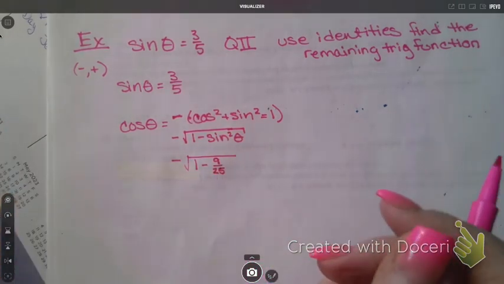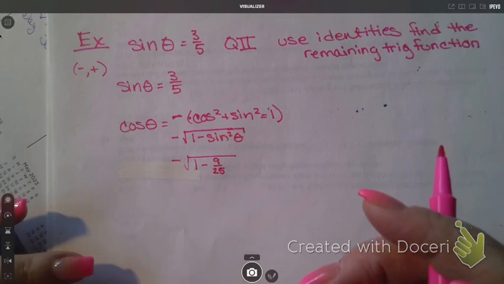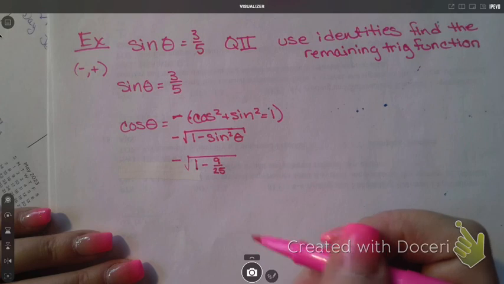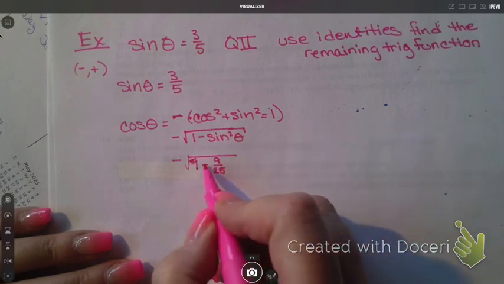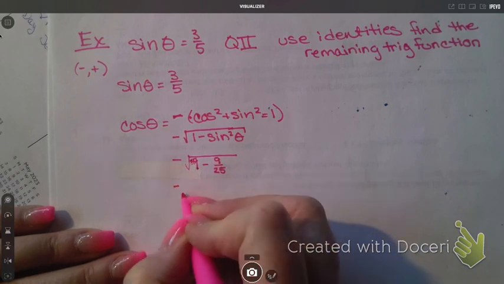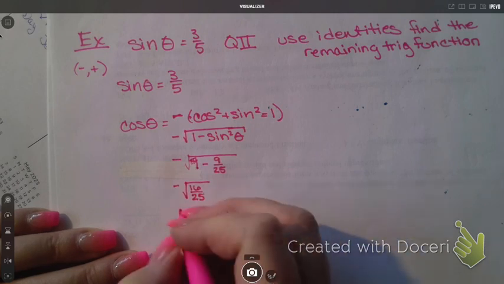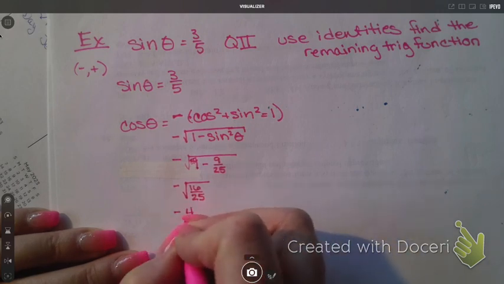So I have to get common denominators, right? So this is 25 over 25. So 25 minus 9 is 16 over 25. So my answer is negative 4/5.